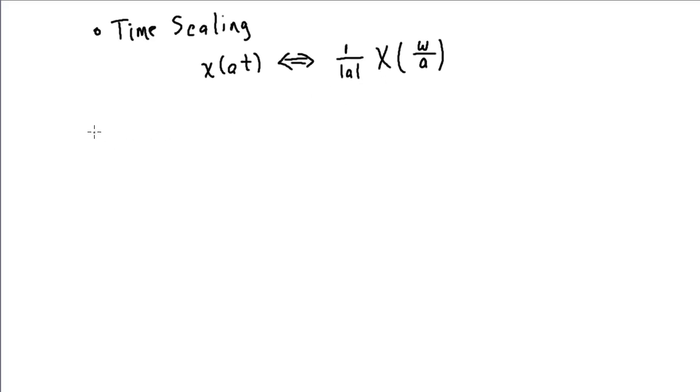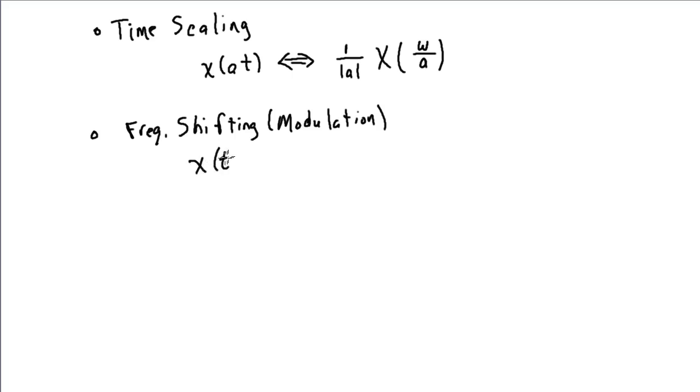Other property, frequency shifting, or modulation. It's this property that's the basis for all wireless communication mechanisms, everything from AM radio to HD TV and satellite and cell phone communication, as you'll learn in a subsequent communications course.